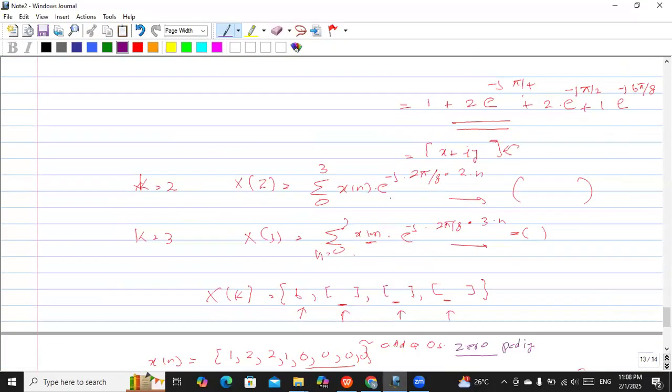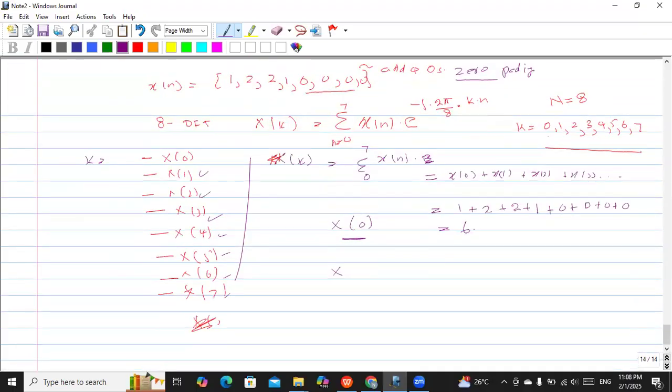So you will have Hk, from 0 to 7, that is 0, 1, 2, 3, 4, 5, 6, 7.